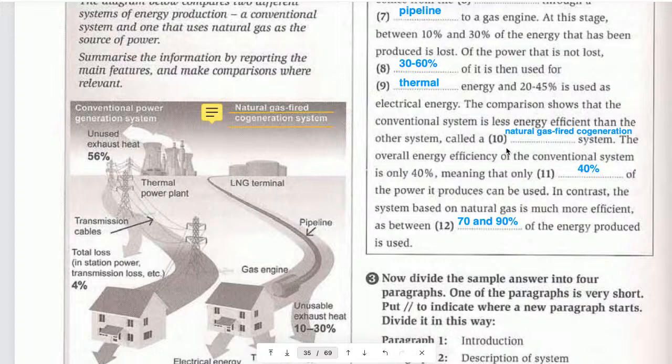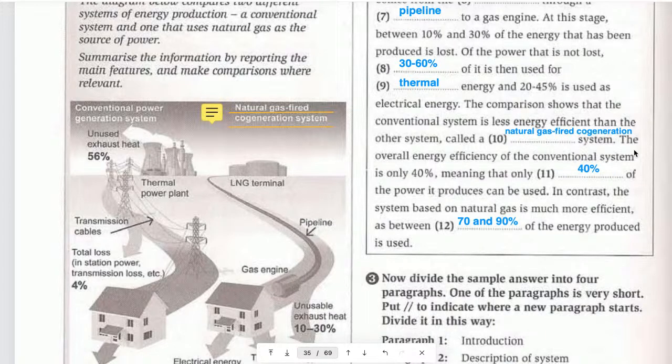Remember they say to summarize the information by reporting the main features and make comparisons where relevant. Remember that? So you always have to make comparisons where relevant. So here they say that the comparison shows that the conventional system, the system on the left side, is less energy efficient than the one on the right side, called a natural gas-fired cogeneration system. Why do we know that? Because they explain next to that.